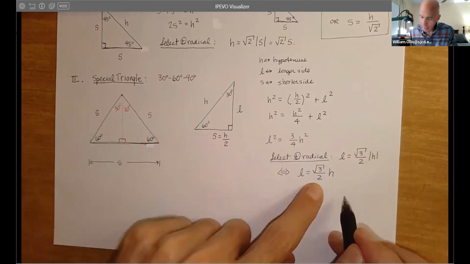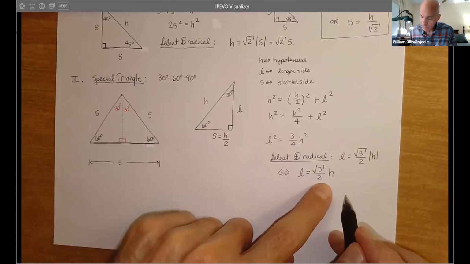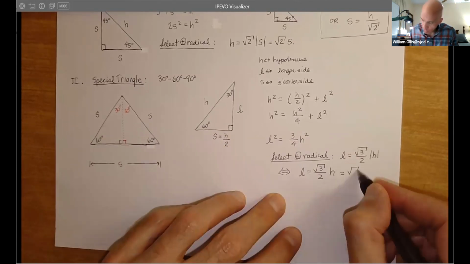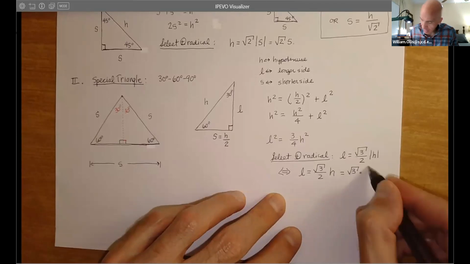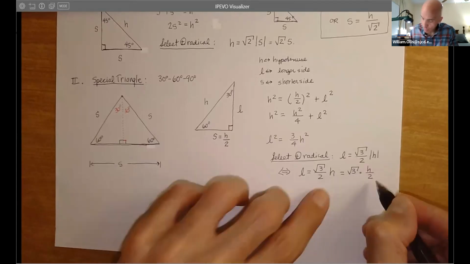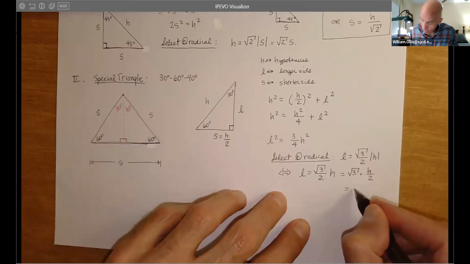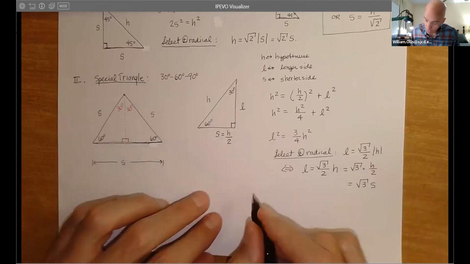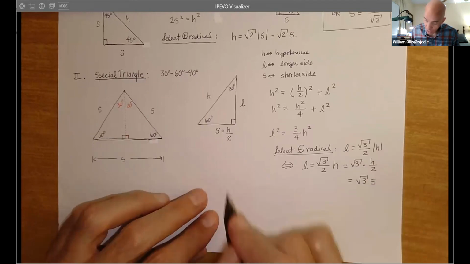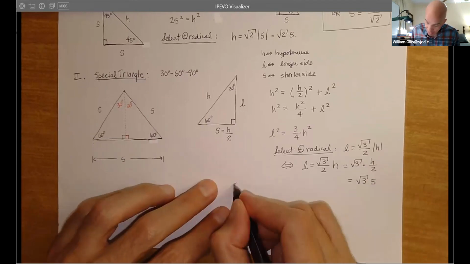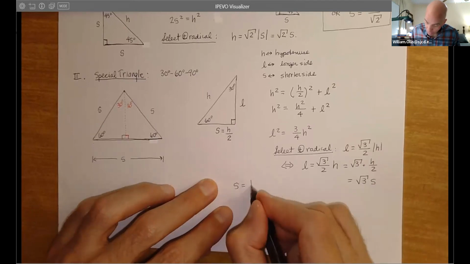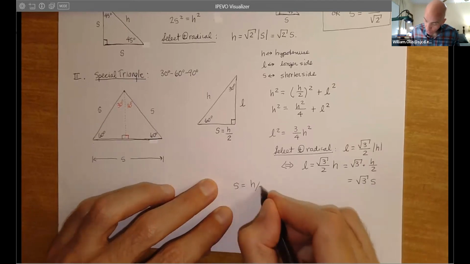And if we look at this, we could make a substitution. For instance, notice this is just square root 3 times H over 2. Just move the 2 over. And this is just square root 3 times S. So now we could say, okay, when we have this particular setup, we see that the shorter side is the hypotenuse over 2.